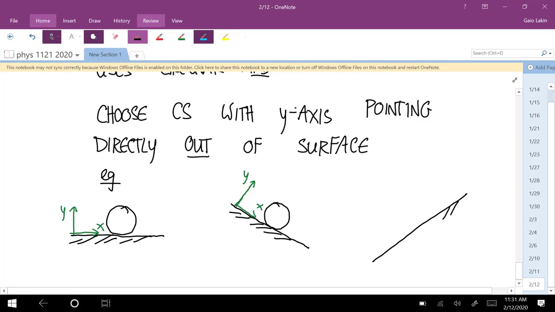And if it's like that, then the y-axis is going to be this way and the x-axis is this way. Okay. And this is the center of the wheel or the ball or whatever is rolling.